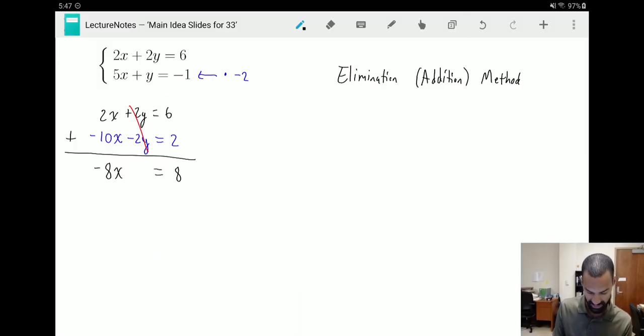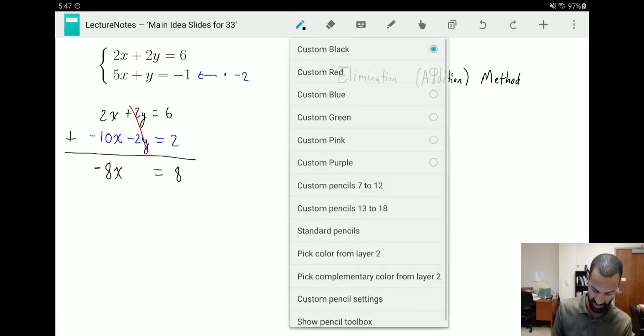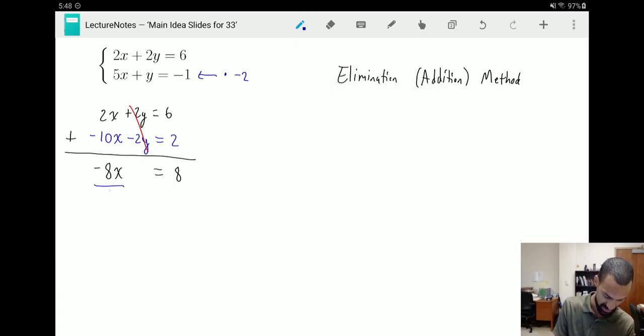So you'll notice I added the two equations together in such a way that a variable was eliminated. That's the name, elimination method or the addition method. So let's keep going. Negative 8x equals 8 is a simple equation. To solve that, divide both sides by negative 8.